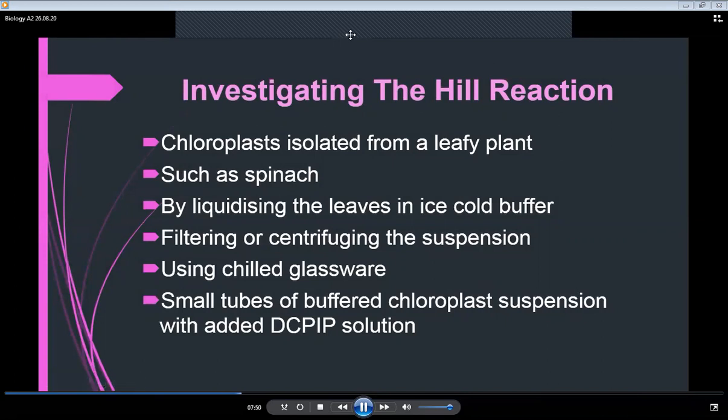For making an extract, we can add some ice cold buffer solution to the spinach leaves. Okay, so we are going to pour the extract, and further liquidize it if required with ice cold buffer, and then we are going to filter that suspension, or we can centrifuge that suspension even.